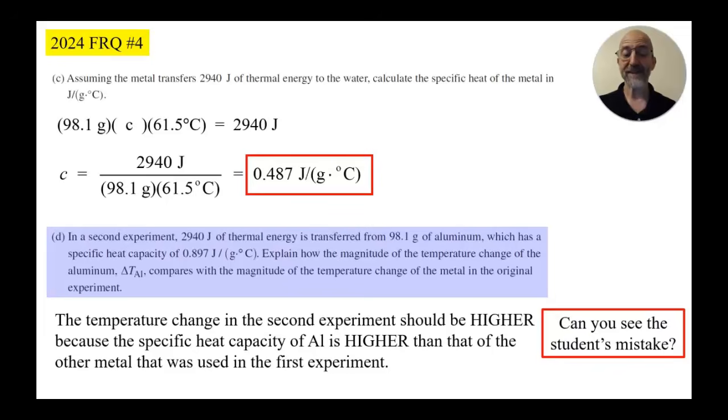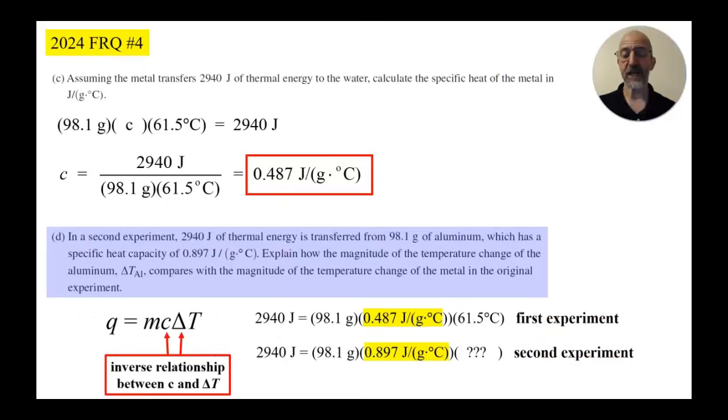Now, they thought that it was a direct relationship between specific heat and delta T, but in fact, it turns out that the relationship between the delta T and the specific heat is an inverse relationship. So because of that inverse relationship, what we have is a larger value for the aluminum's specific heat. Therefore, our prediction is a smaller delta T.